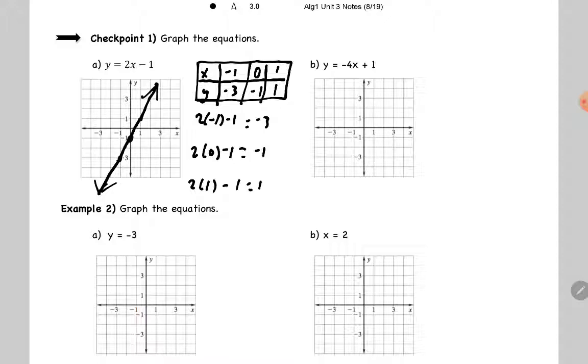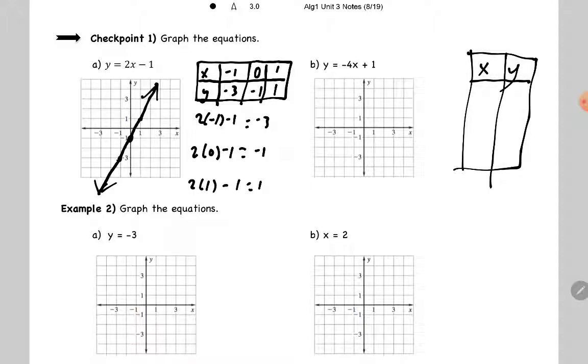Okay, let's do another one. So make a table. And like I said before, you can make it vertical if you want. So -1, 0, 1.